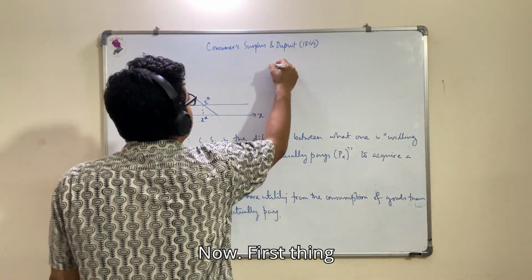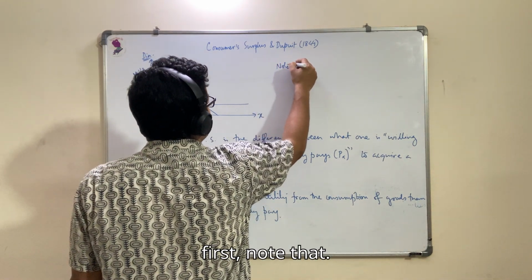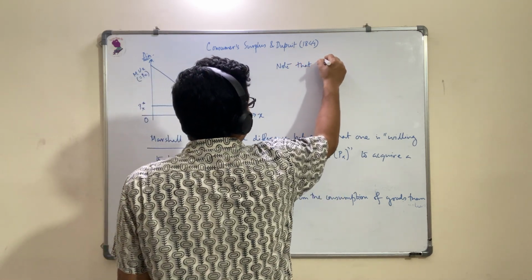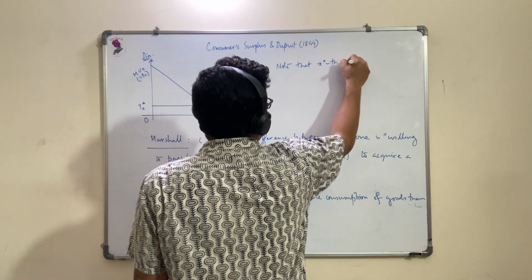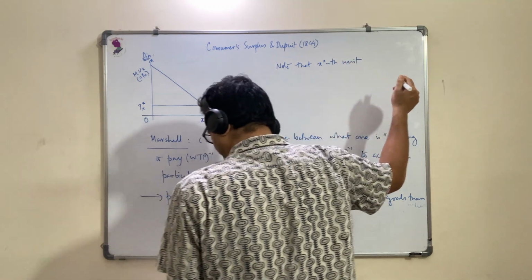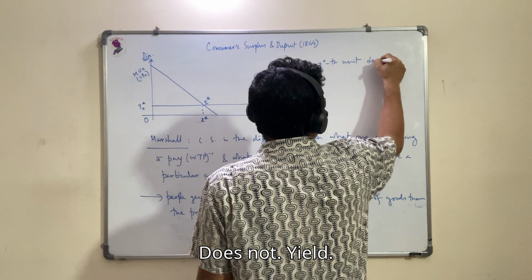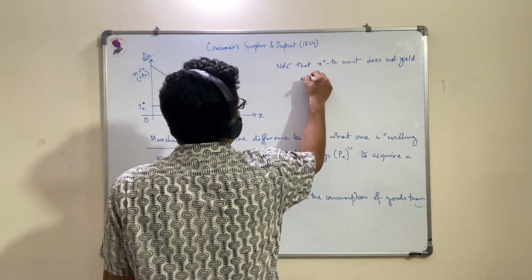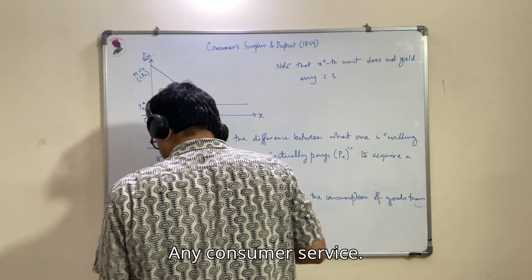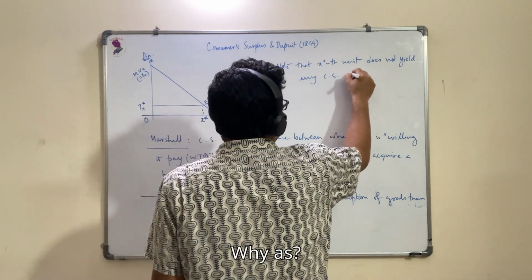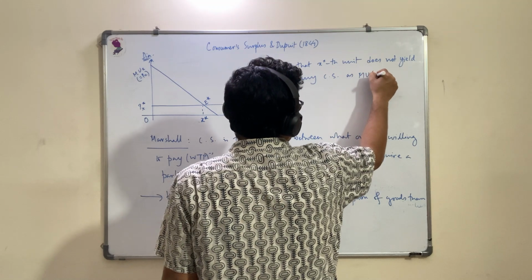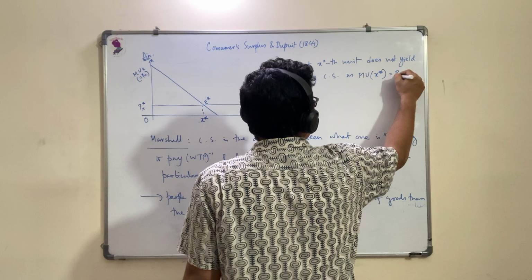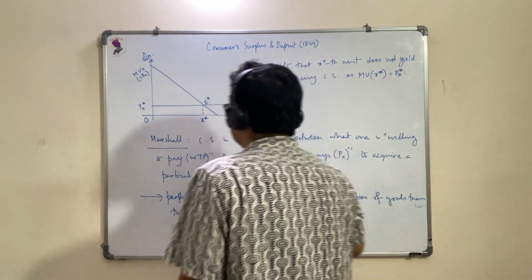Now, first thing first, note that the X star-th unit does not yield any consumer surplus. Why? As MUx star is equal to Px star. Okay.